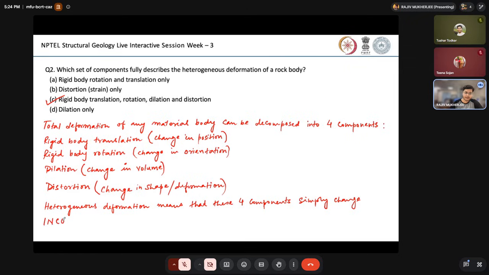This is very important. Inconsistently from point to point within the deforming material body.